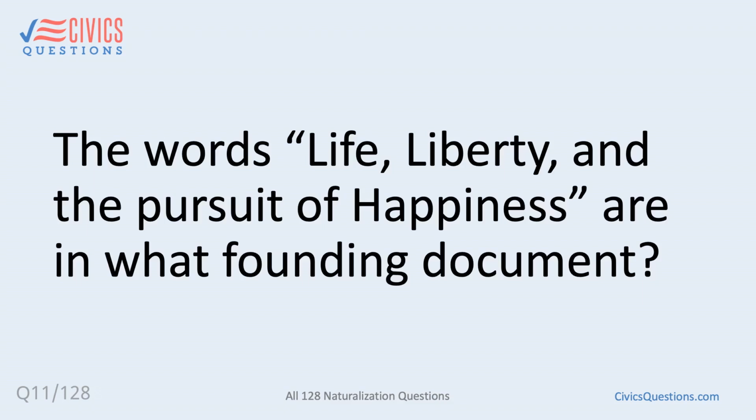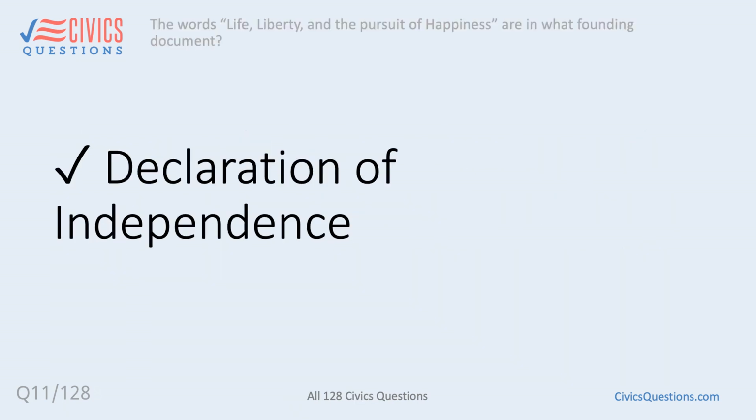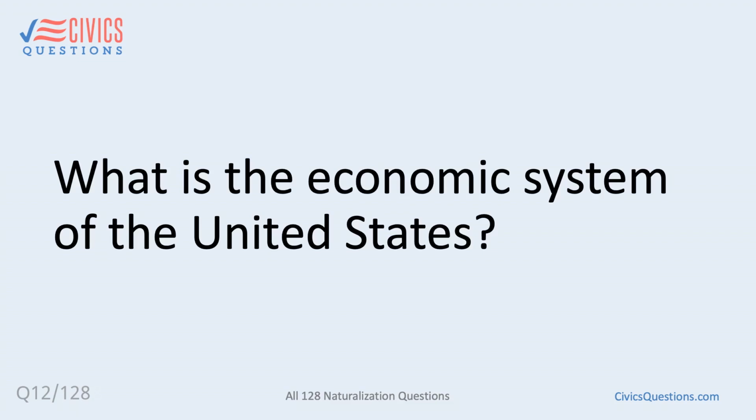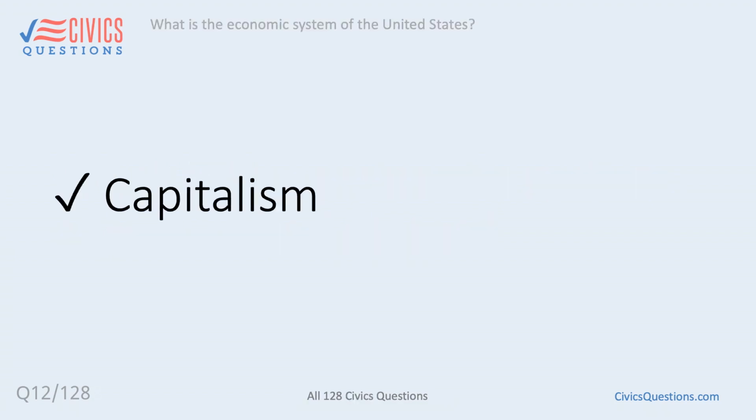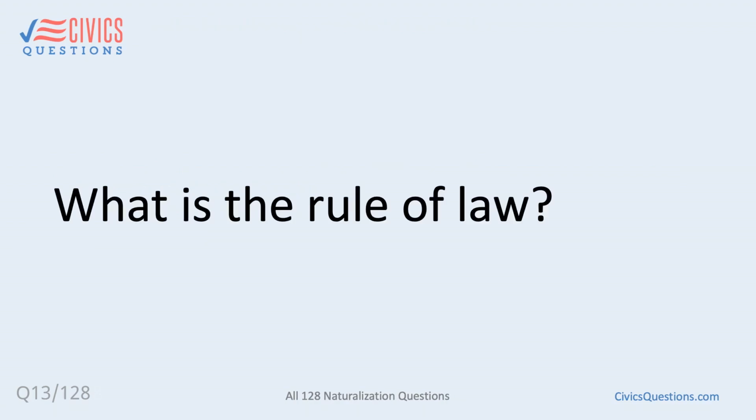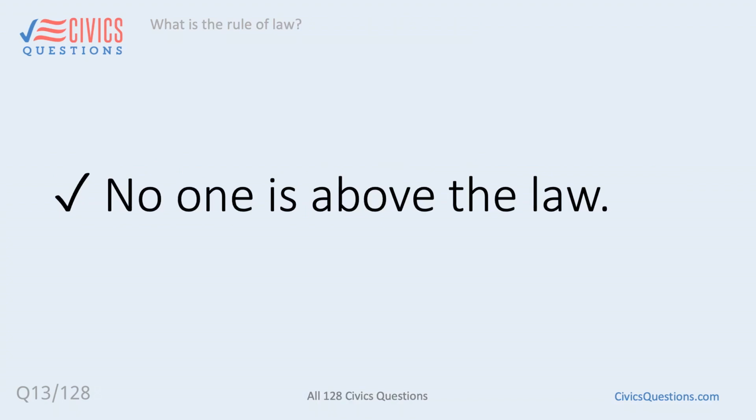The words life, liberty, and the pursuit of happiness are in what founding document? Declaration of Independence. What is the economic system of the United States? Capitalism. What is the rule of law? No one is above the law.